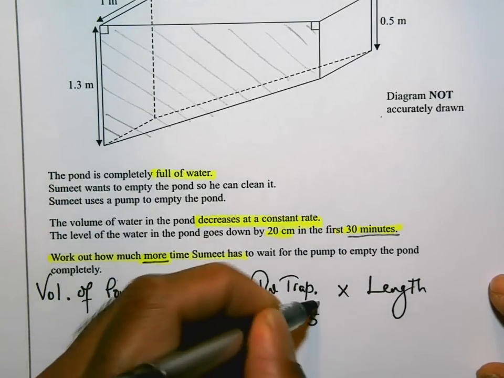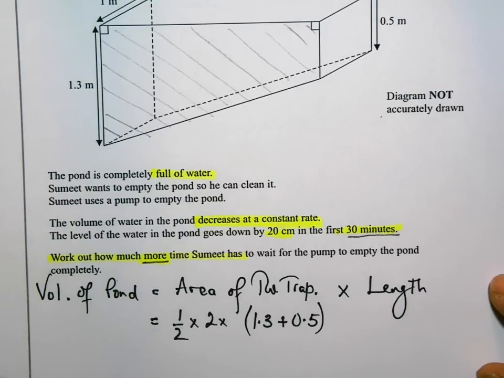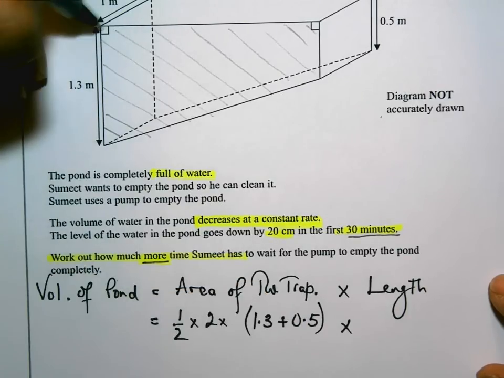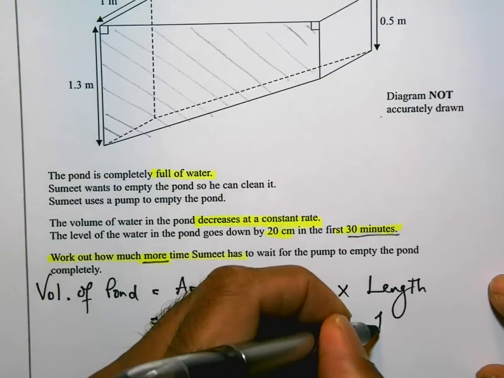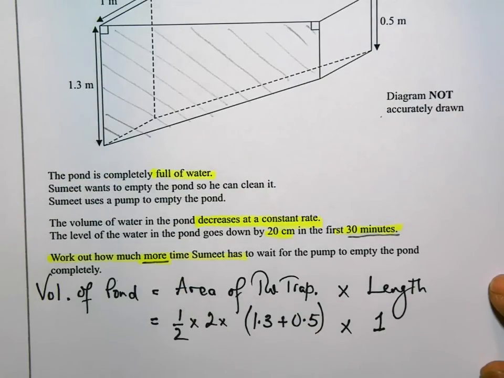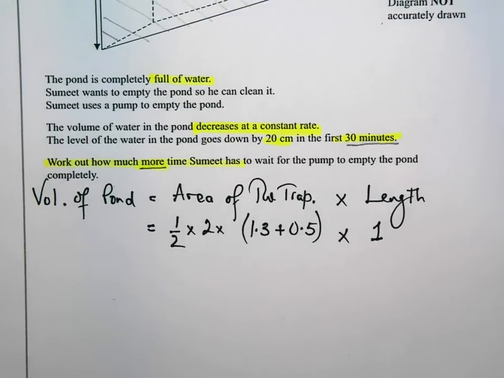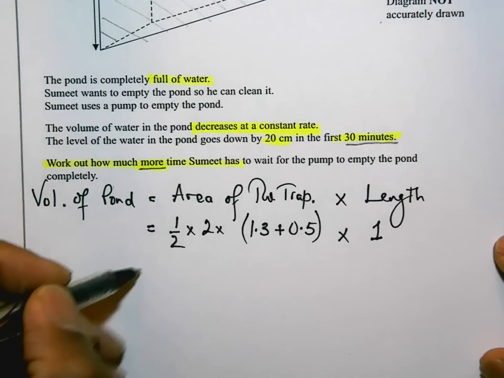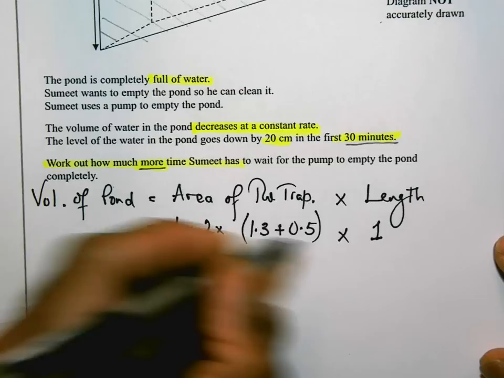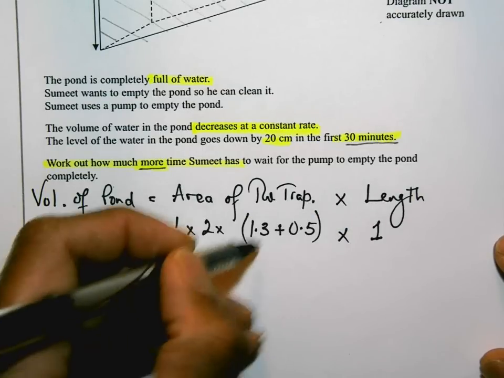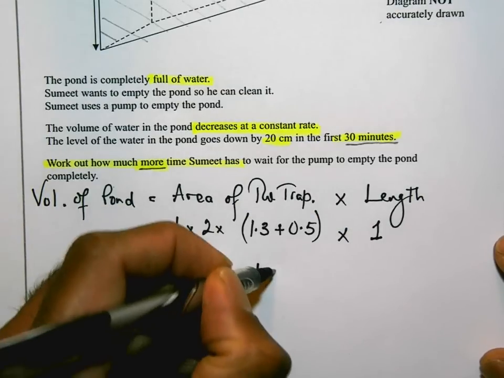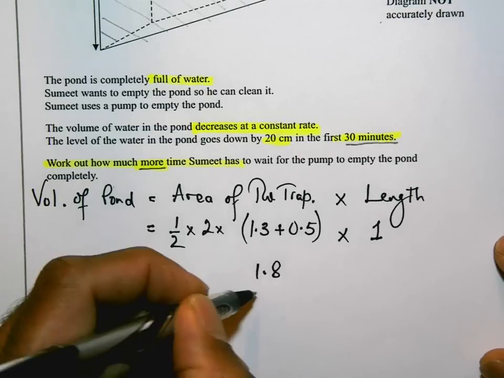And how far back does it go? Well, it goes 1 meter back. So that will help me work out the volume of the pond. And really, that's a pretty simple calculation because a half of 2 is 1, and 1 times that works out to 1.8, times another 1. So really, the volume of the pond is going to be 1.8 meters cubed.